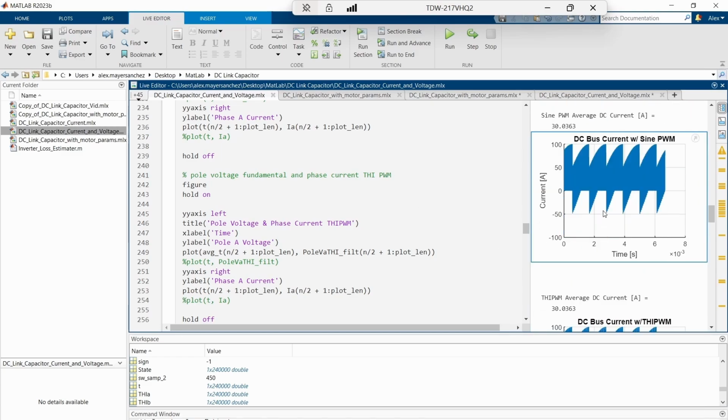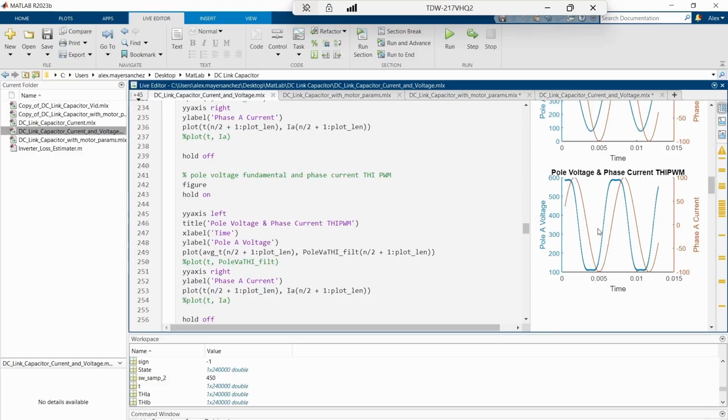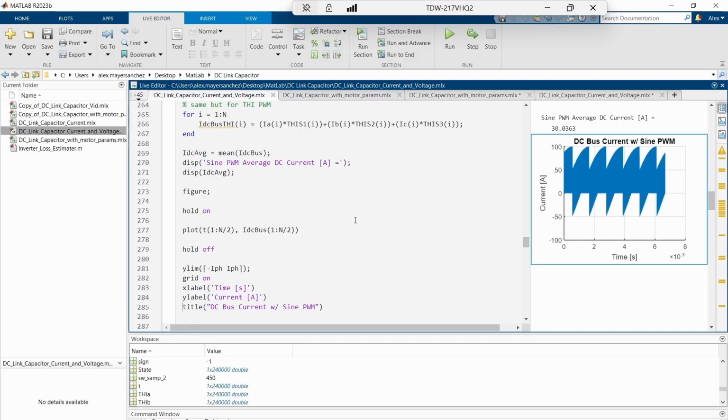And that's happening because you have this lagging of the current. There are going to be times when you're opening the switches to apply this voltage, but the total current is still negative.